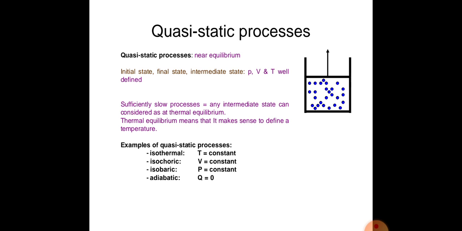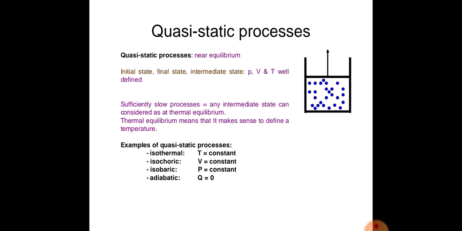First one is mechanical equilibrium. Mechanical equilibrium exists if there are no net forces between the system and surroundings, and if there are none within the system also, so the system is in mechanical equilibrium.